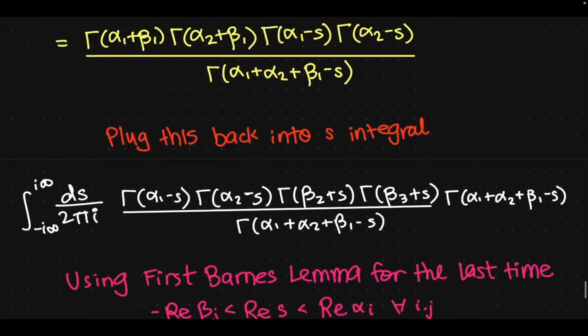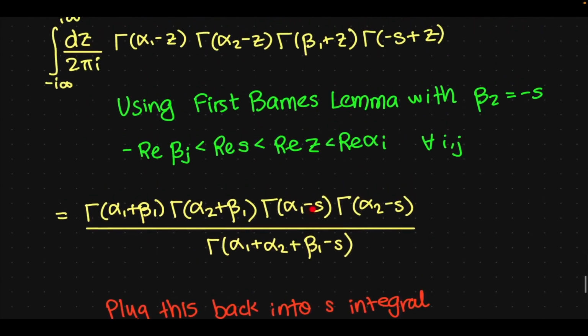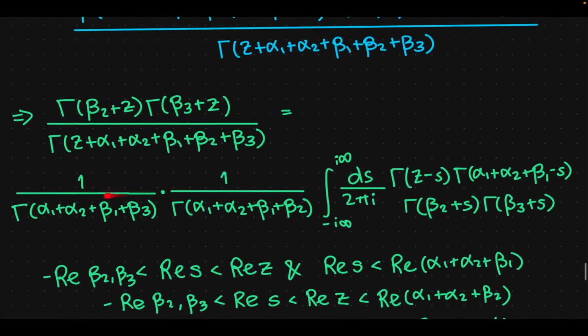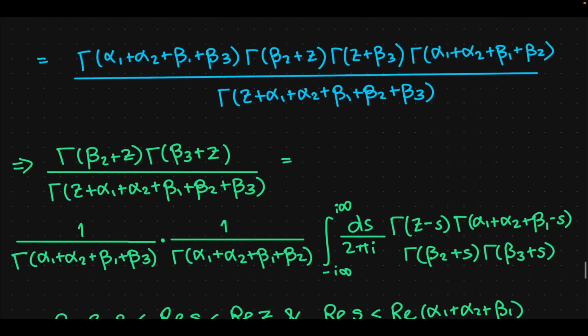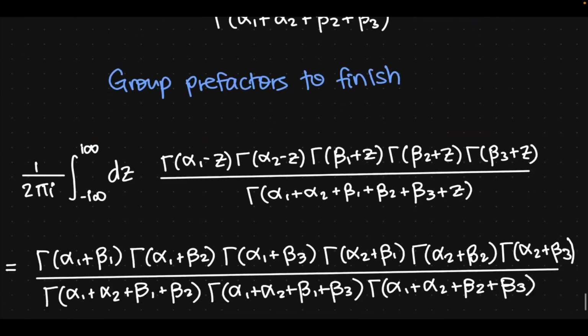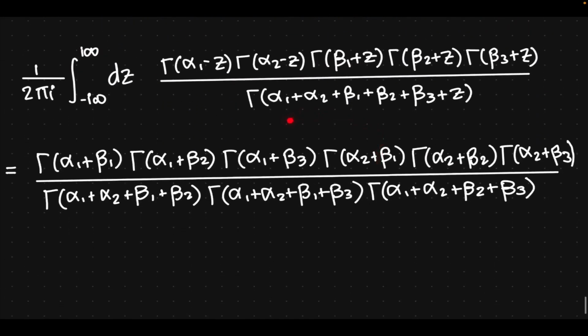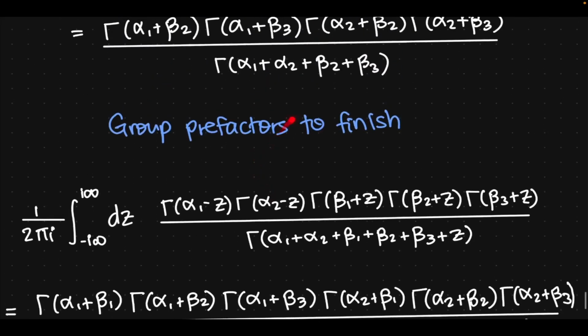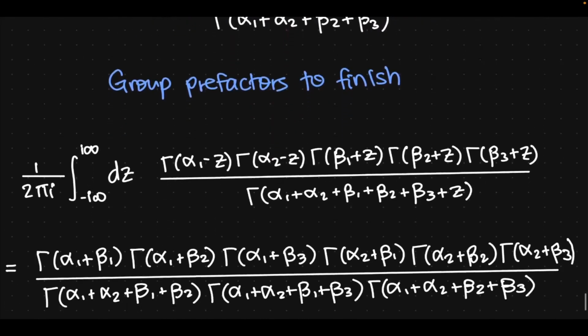And then there were all these other prefactors coming in, two of these, 1 over gamma of alpha 1 plus alpha 2 plus beta 1 plus beta 3, 1 over gamma of alpha 1 plus alpha 2 plus beta 1 plus beta 2, two of those, and the remaining ones coming from the final form that we have here.